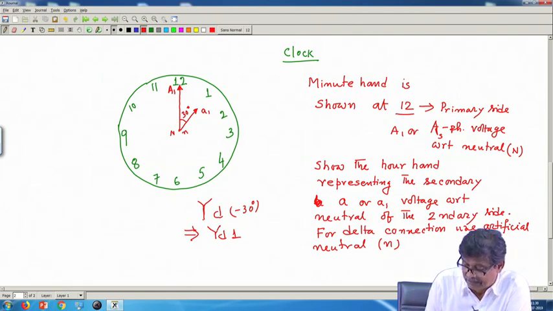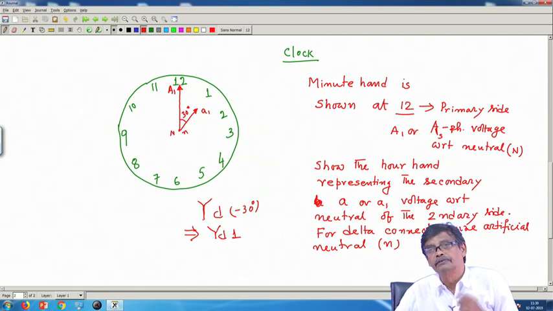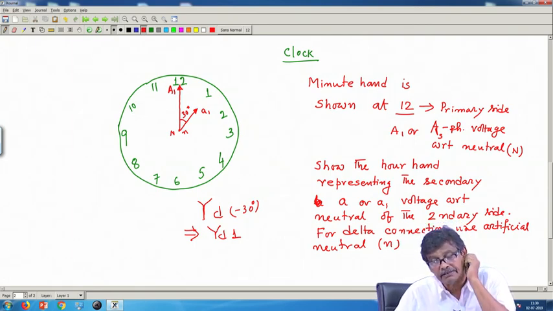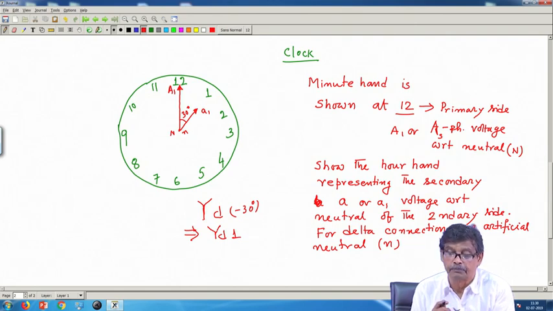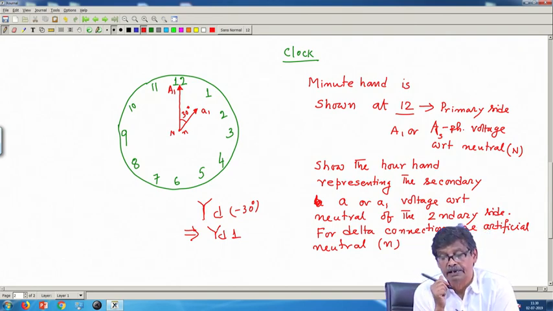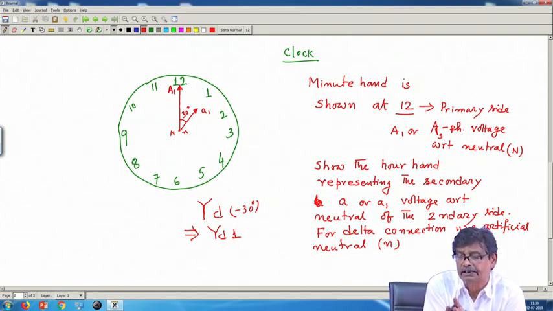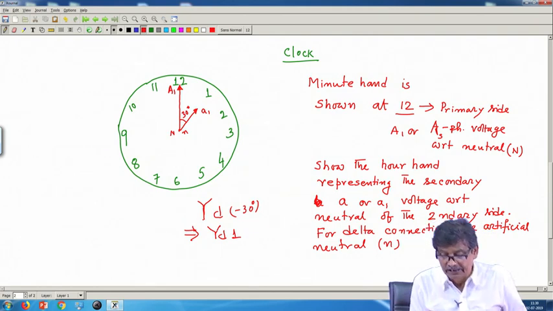Then only this connection, I mean this is the connection Y D 1, it simply means that with respect to neutral of a particular phase, how the primary side voltage and secondary voltage are displaced. But since I will always represent the minute hand to indicate the primary voltage, therefore, secondary voltage lags the primary voltage by 30 degree. Okay. So, this is the vector group.